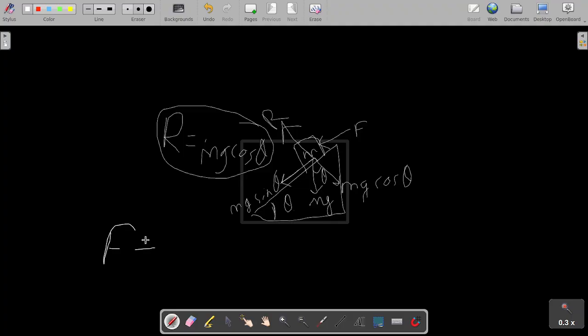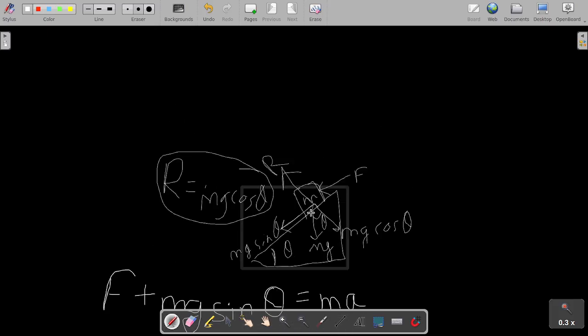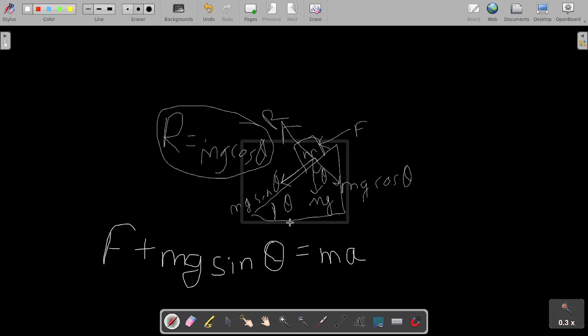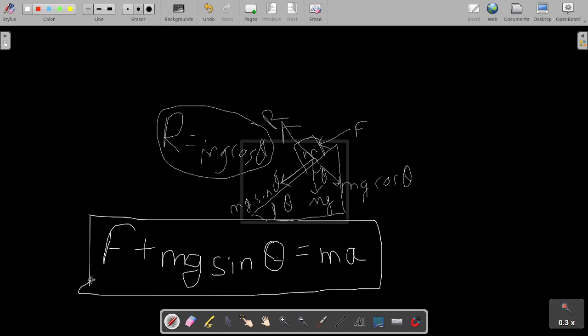F plus mg sin theta is responsible for the motion of the body, that is equal to ma, if I'm applying a force in the downward direction. Then I'm getting this equation, that F plus mg sin theta is equal to ma.